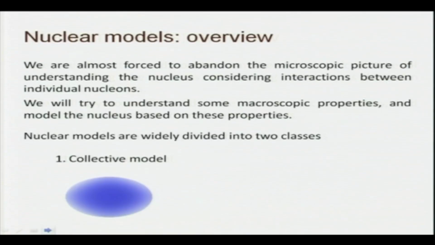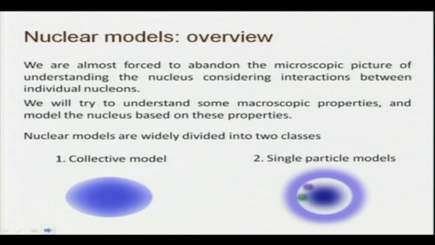The other is to take the approach similar to the atomic case, where the properties of the atom are understood in terms of a few of the electrons. So, in the case of nuclear models as well, there are some models which try to understand the nuclear properties from a few of the nucleons which can be considered separate from the rest of them.